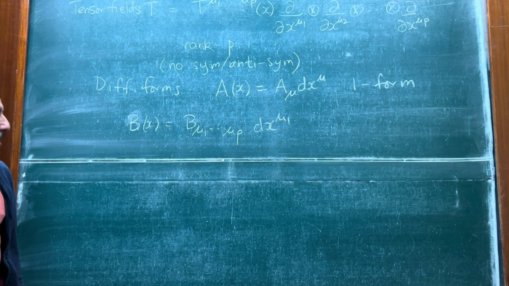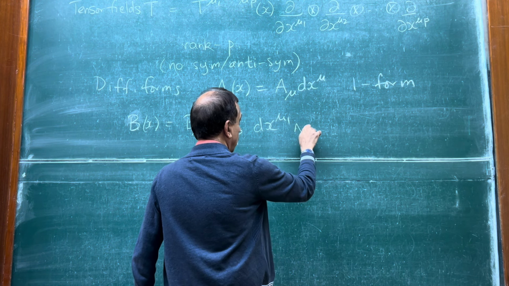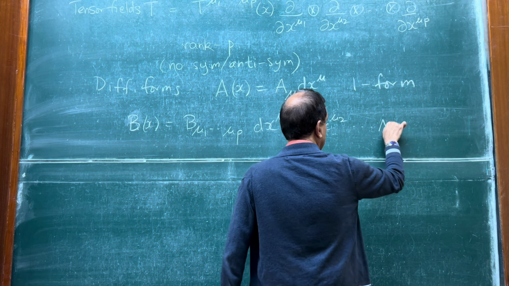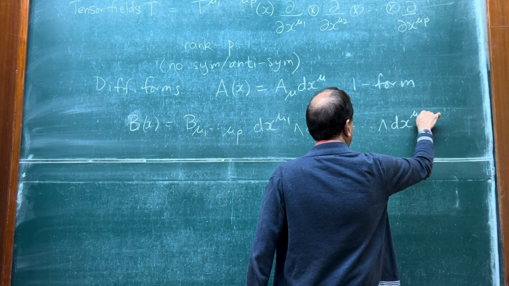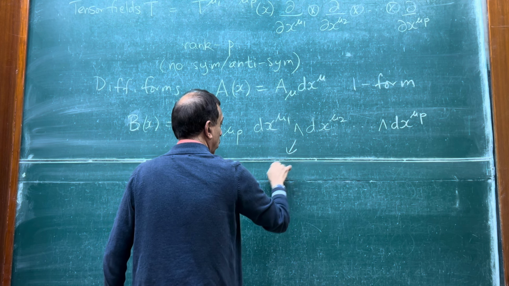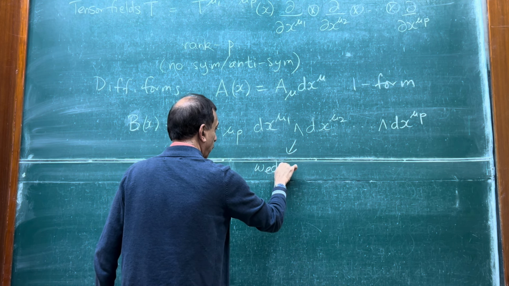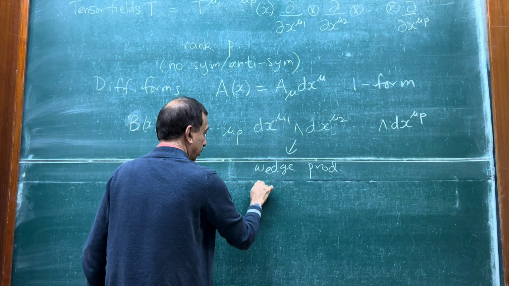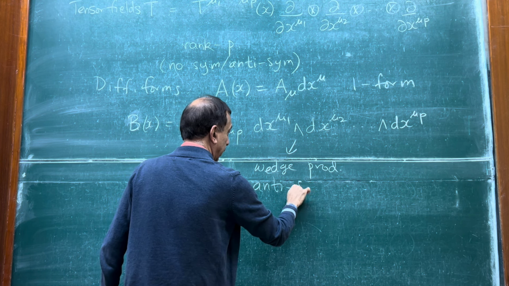Differential forms have a very special feature that we multiply them with a product called the wedge product. So this is called the wedge product, and it is antisymmetric by definition.